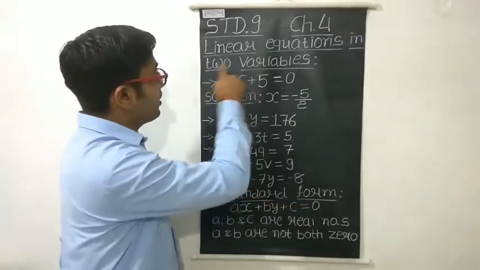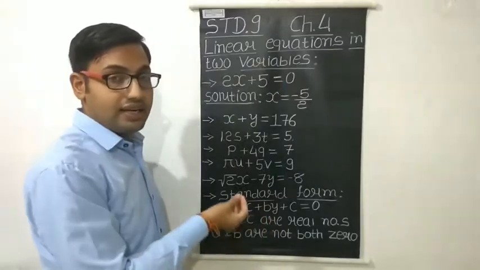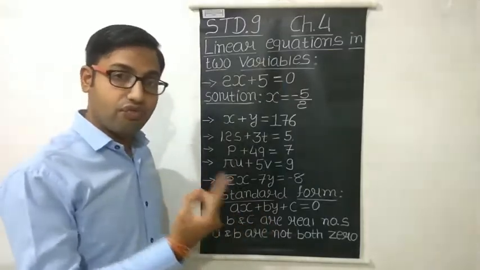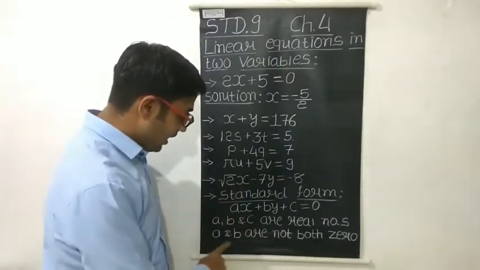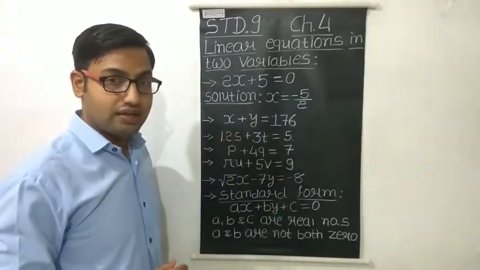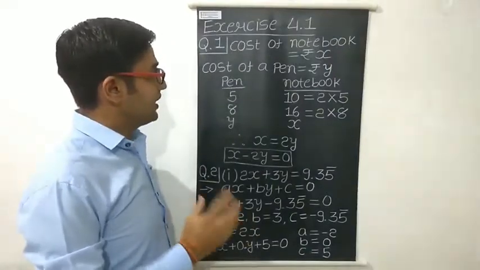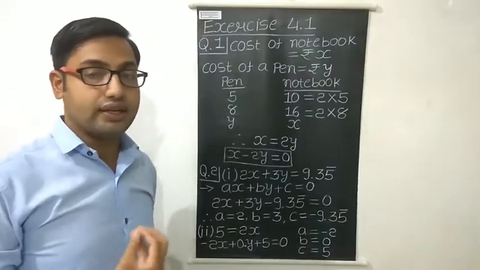So there are no variables there, and we cannot call it a linear equation. There must be at least one variable in the equation. That is why this condition is given: a and b are not both 0. Understand? Okay.